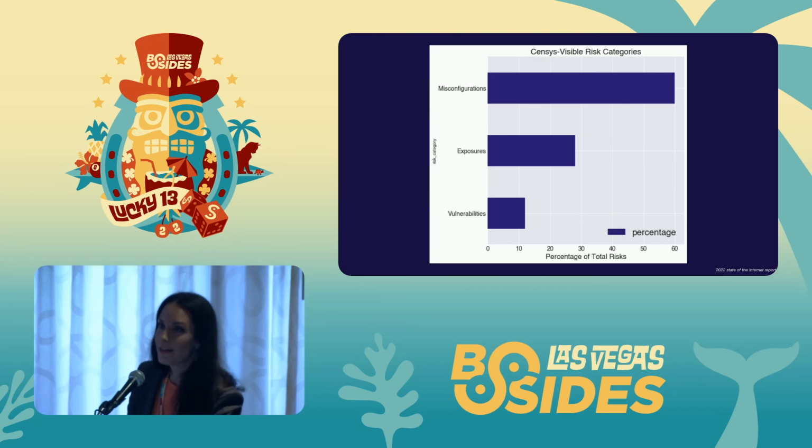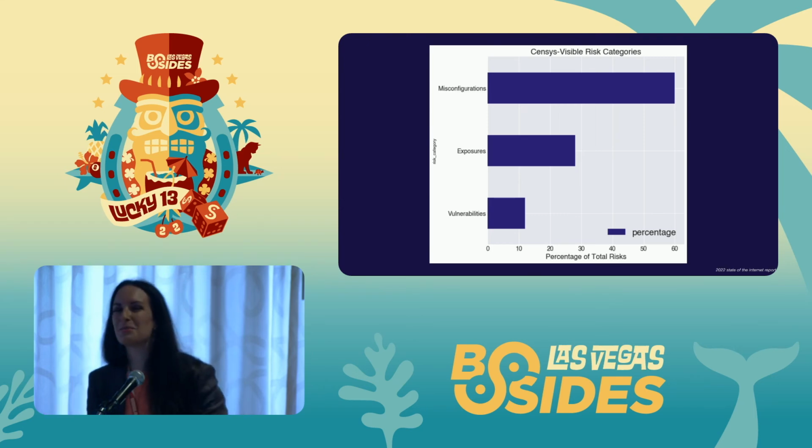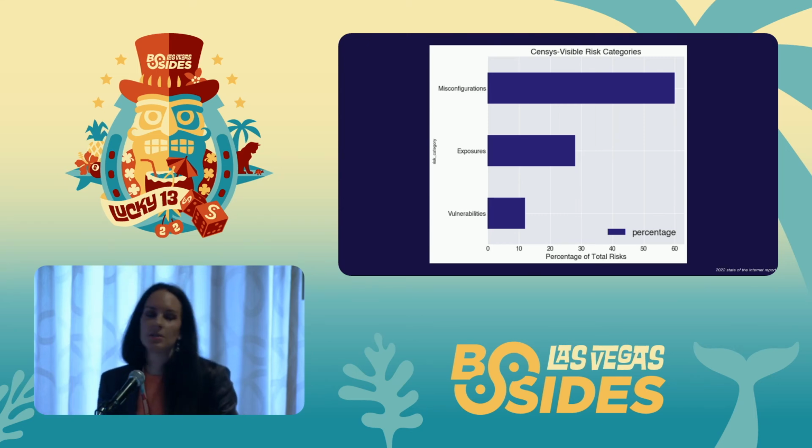Again, I will say there is certainly some inherent bias in this data because of what we're good at seeing and detecting. But I also think this is a really interesting perspective because there's a lot of noise around 0 days, really hot vulnerabilities, really cool technical exploits. And I mean, they are cool.